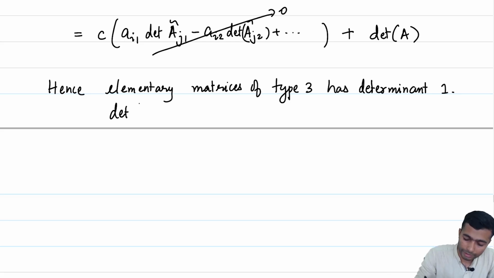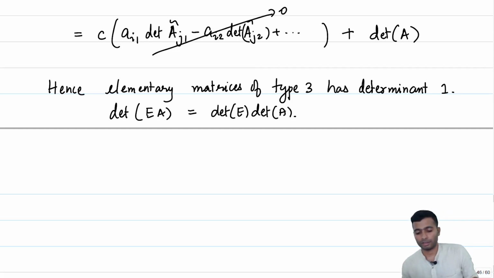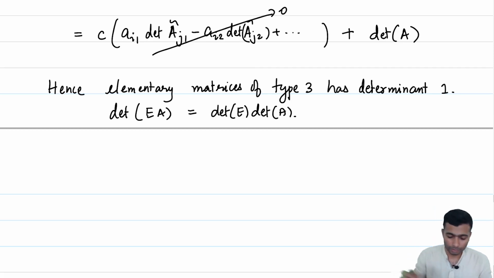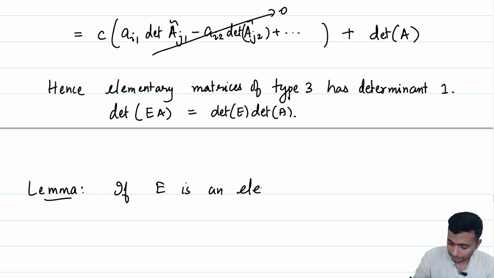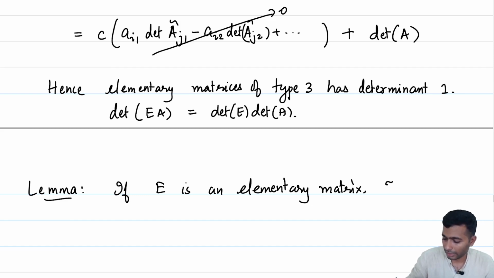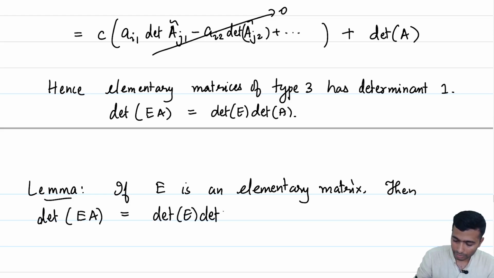Again, we have determinant of B, which is E times A, is equal to determinant of A itself, which is 1 times determinant of A, which is determinant of E times determinant of A. So, we have just proved the following lemma: if E is an elementary matrix, irrespective of which type, then determinant of EA is equal to determinant of E times determinant of A.